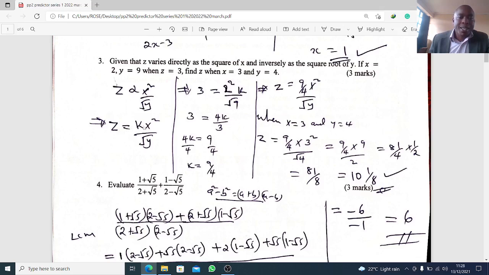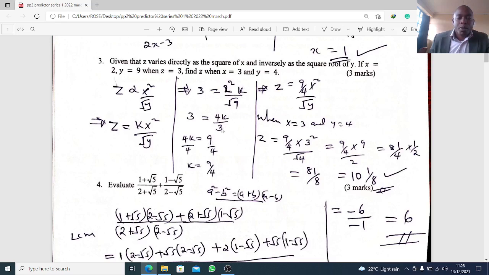Then that means if I substitute z with 3, y with 9, and x with 2, it will be 3 equals 2 squared, which is x, times k, which is a constant, all over the root of 9, which is y. Then we shall be having 3 equals 4, that is 2 squared is 4, all over 3, k.